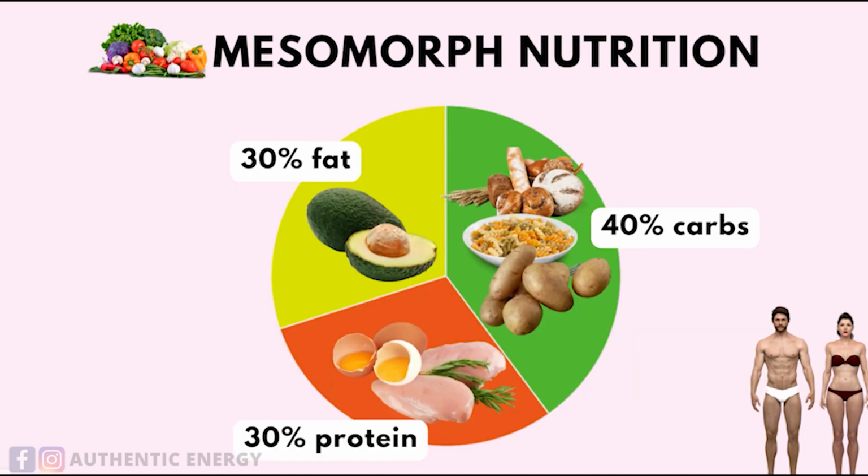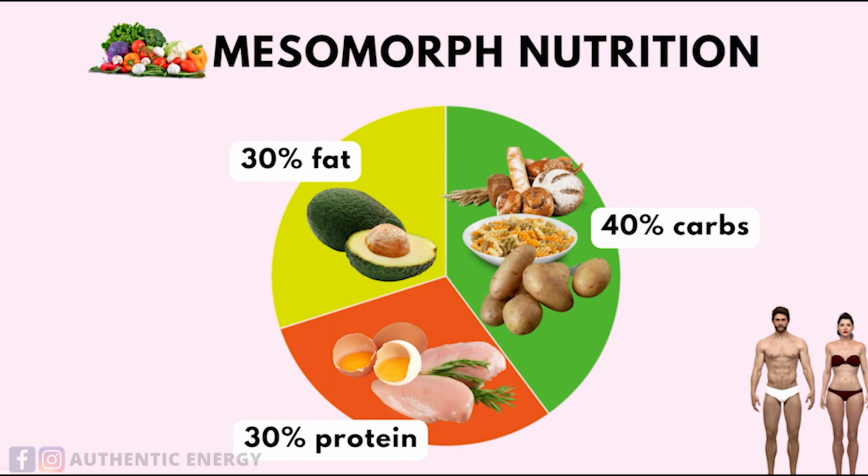A typical mesomorph meal portion would be an almost even split between carbs, fat, and protein: 40, 30, 30. So 40% carbs, 30% protein, and 30% healthy fats. Some of you may be quite familiar with this 40, 30, 30. I've talked about this nutritional balance many, many times in my previous videos.